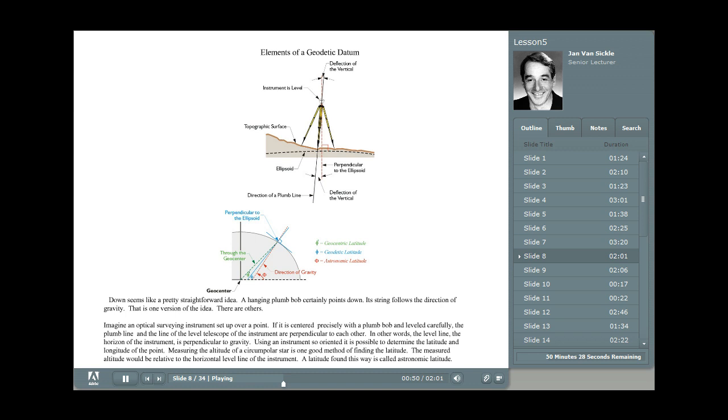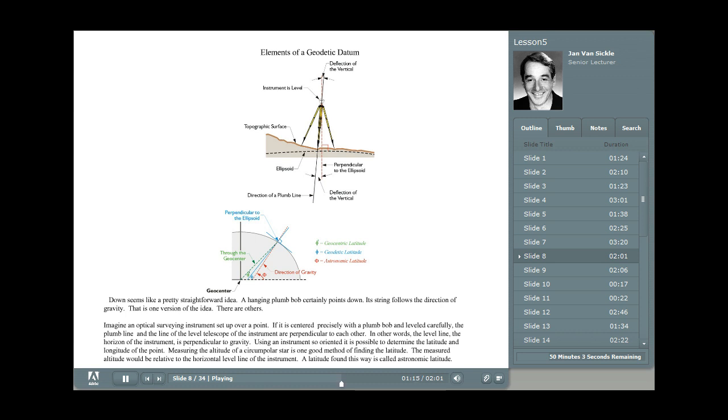Now in the lower part of the image you see the down according to the direction of gravity is again the red dashed line, and a geodetic latitude is based upon down according to perpendicular to the ellipsoid.